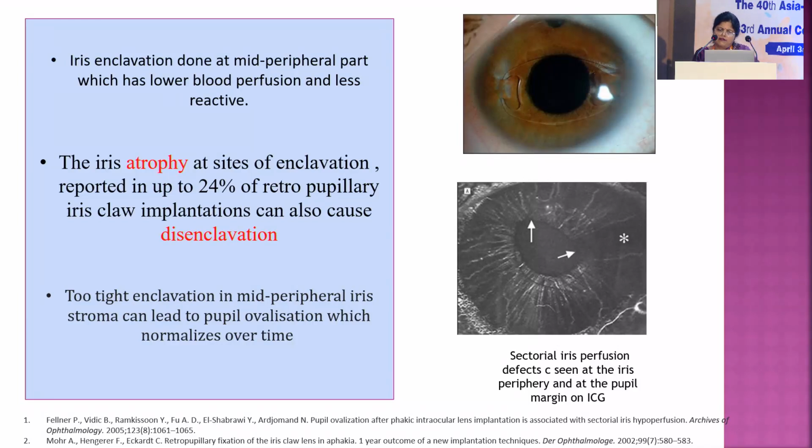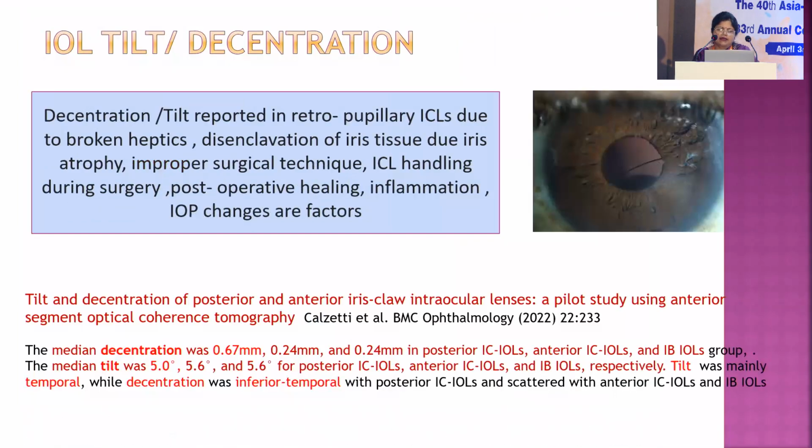Too tight enclavation in the mid-peripheral area sometimes leads to pupil ovalization, but that will normalize with time. IOL tilt and decentration are also reported with RP-ICL due to broken haptic, disenclavation of the lens due to iris atrophy, improper surgical technique, ICL handling during surgery, post-operative healing, inflammation, and IOP changes, which are factors that can lead to IOL tilt or decentration.